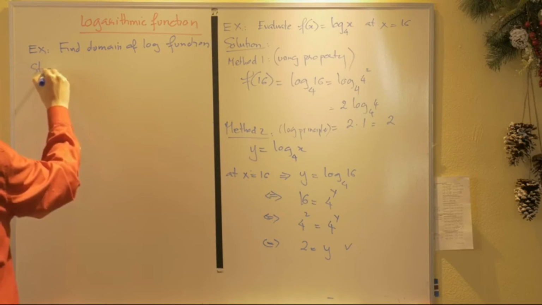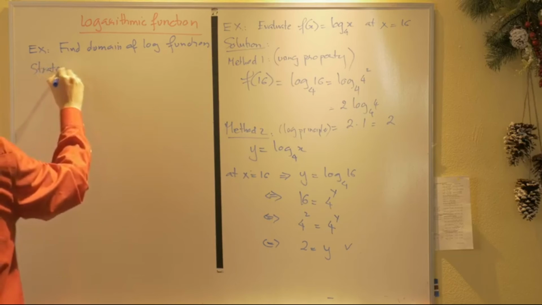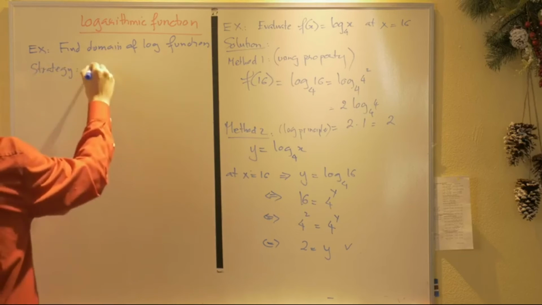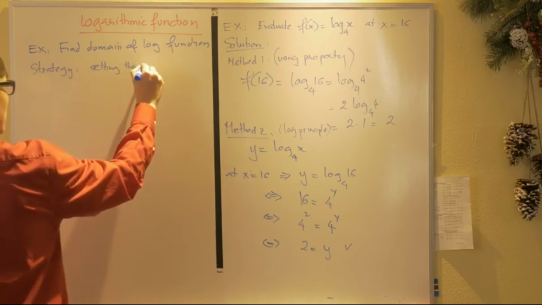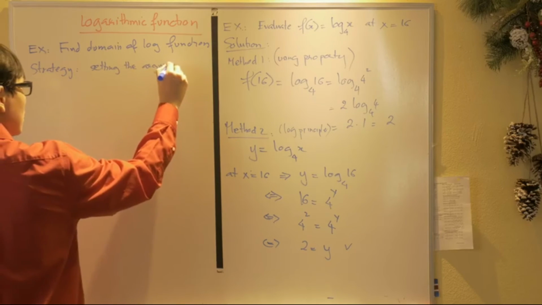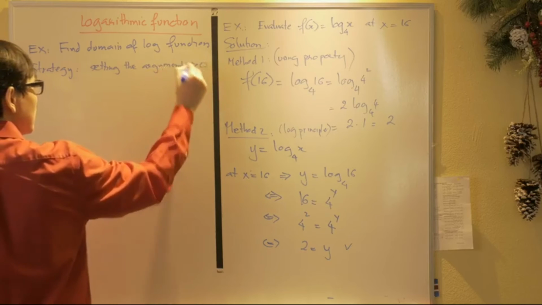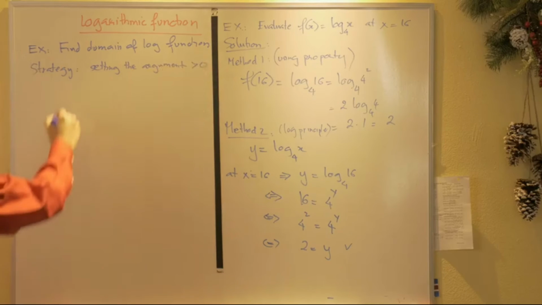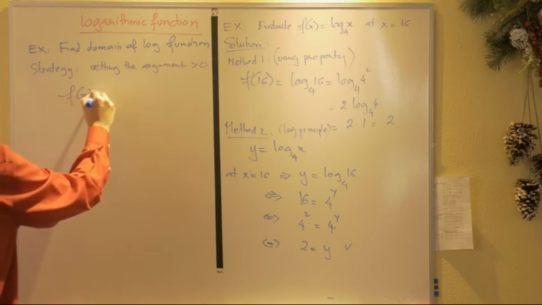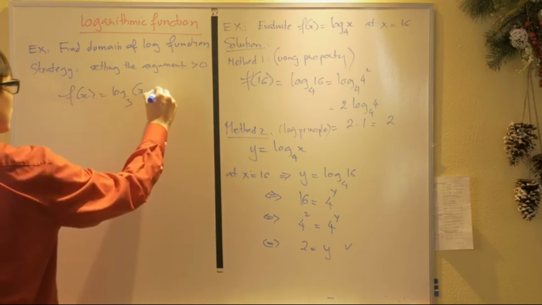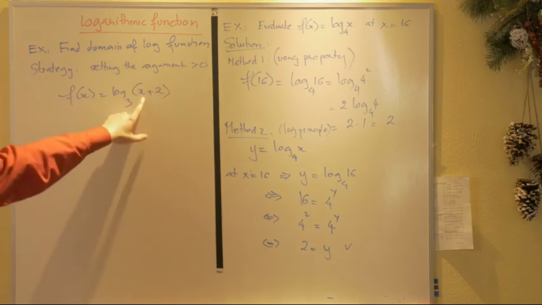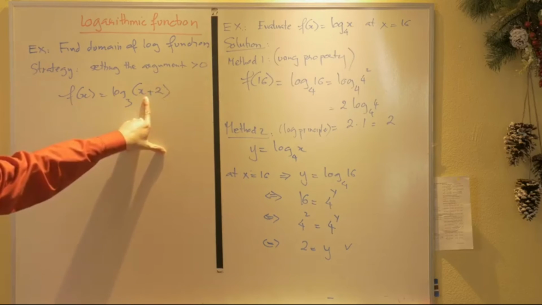Strategy: set the argument greater than 0. For example, if I have f of x equals log base 3 of x plus 2, the argument is everything inside the parentheses, x plus 2.